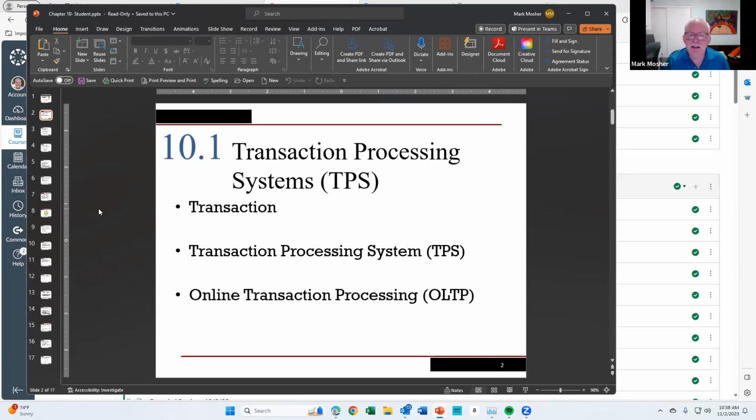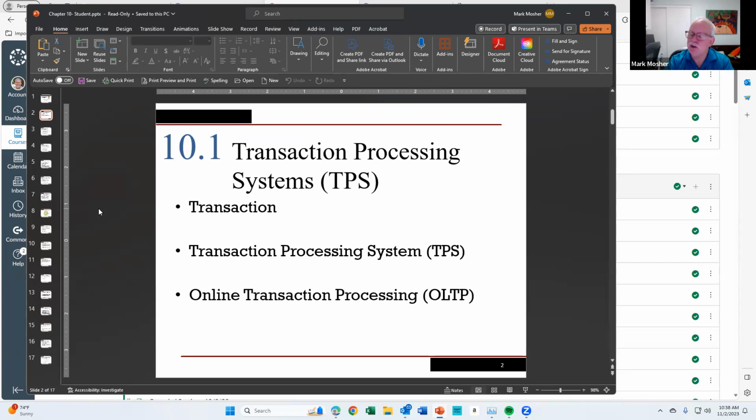All right, so first thing, a few definitions. Transaction. What is a transaction? A transaction is some kind of an event or something that we do within the course of a business. Early on in chapter 2, we talked about these things called processes. And a lot of times with these transaction processing systems, that is what we're doing.